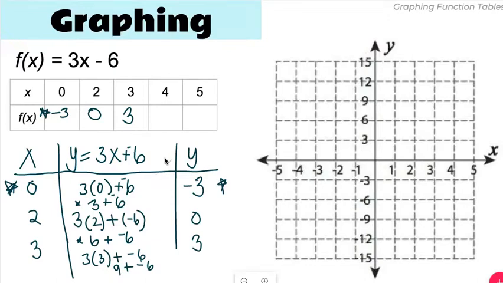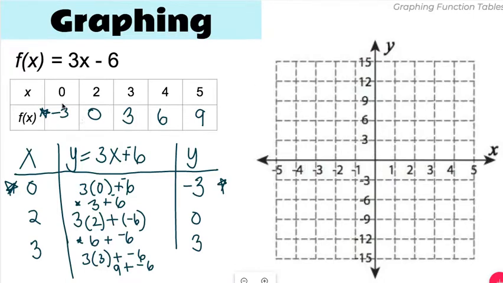I want you to go ahead and hit pause and complete the rest of this table on your own with x equals 4 and x equals 5. So hit pause, complete the table, come back and we'll finish. So you should have gotten 6 for y when x is 4, and when x is 5, y is 9.